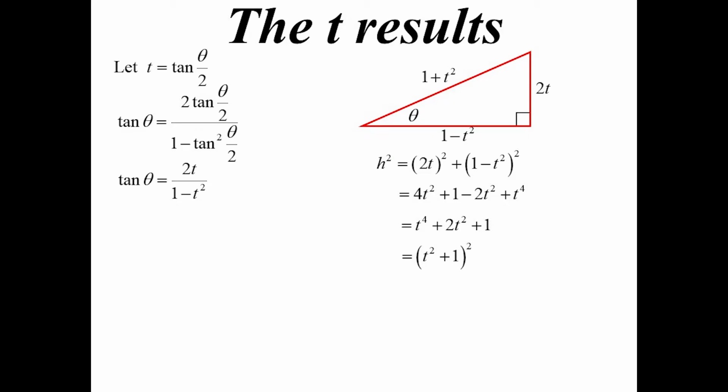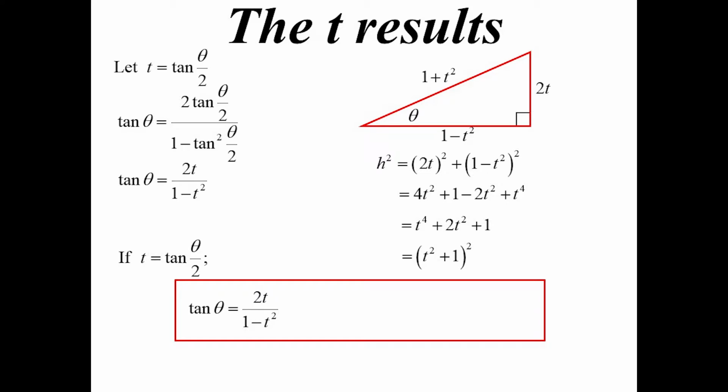If we let t represent tan theta on 2, we can transform tan theta into 2t on 1 minus t squared, sine theta into 2t on 1 plus t squared, and cosine theta into 1 minus t squared on 1 plus t squared. So they are known as the t results for obvious reasons.